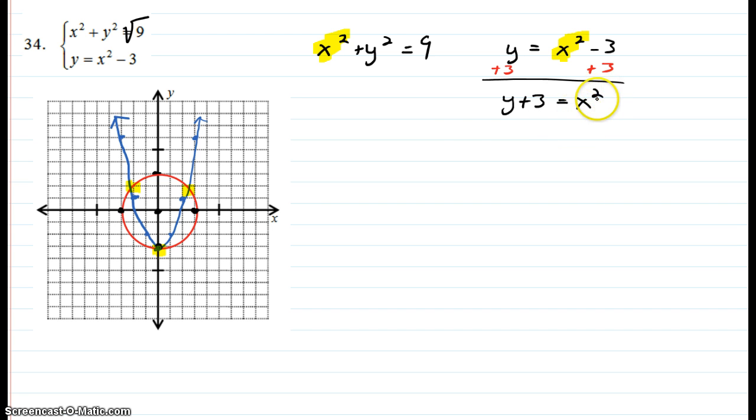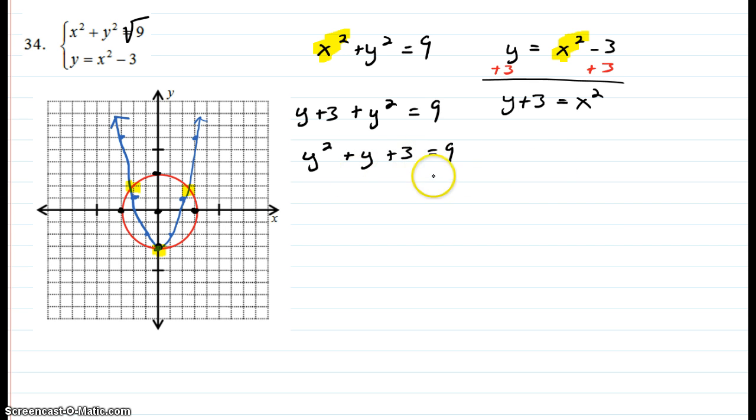So now I can replace x squared with y plus 3. So now I have y plus 3, so that replaced that. And now I have plus y squared equals 9. Let's rewrite it. Y squared plus y plus 3 equals 9.